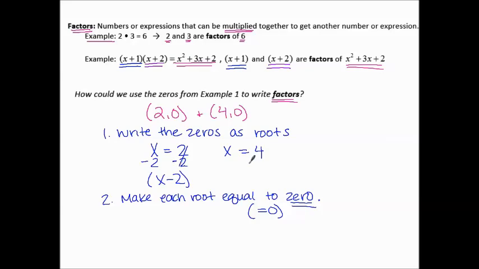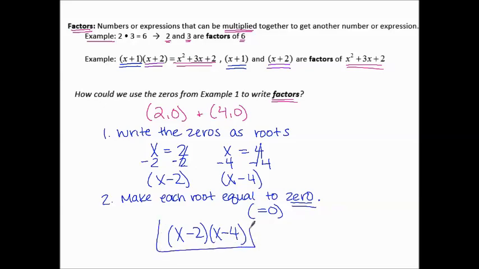I do the same thing over here, minus 4, x minus 4 is my other factor. Then I can just write them a little bit closer together, x minus 2, x minus 4. These are my factors. That is how I get my factors from the zeros.